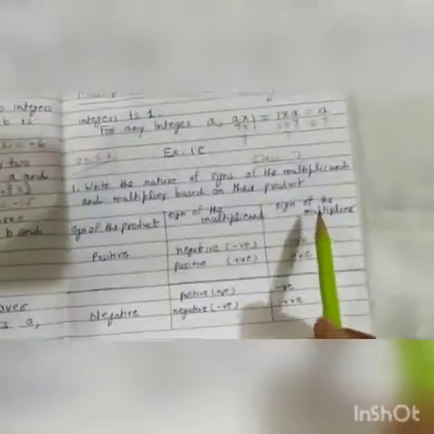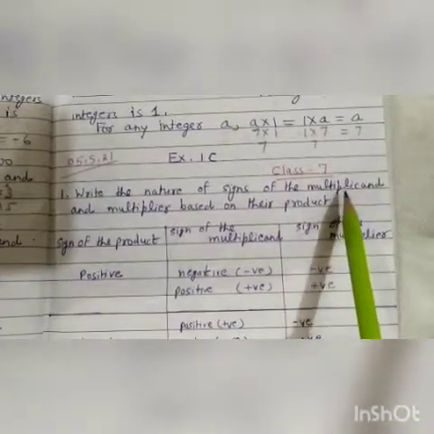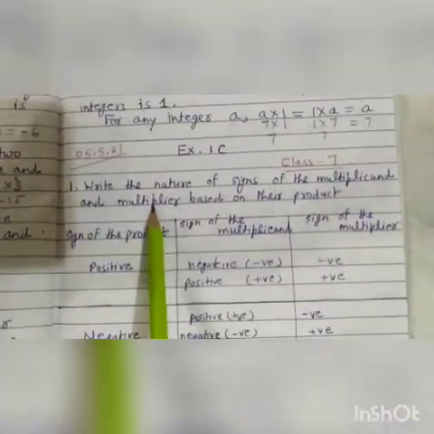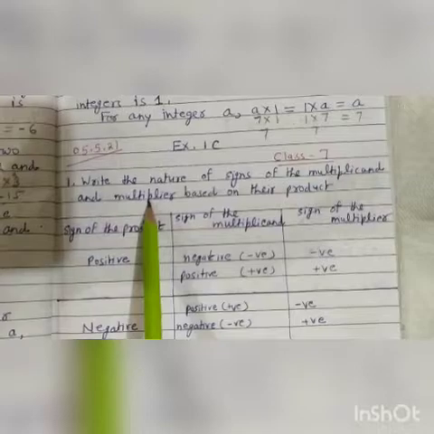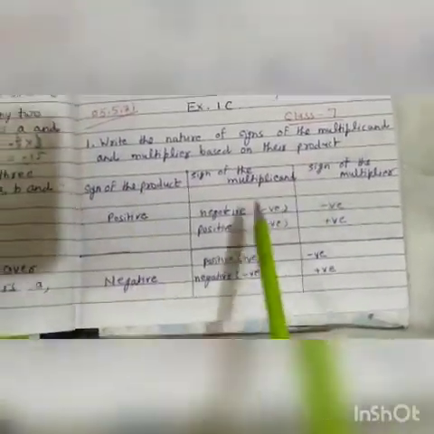So here we have to tell what will be the sign of multiplicand and multiplier based on their product.